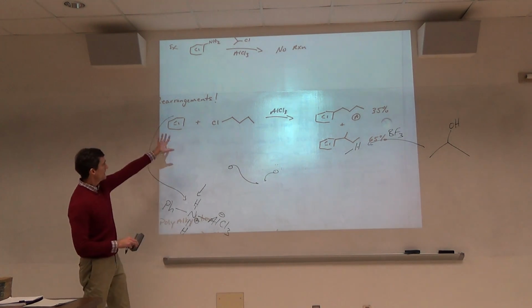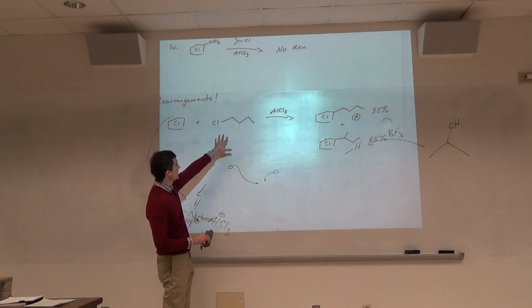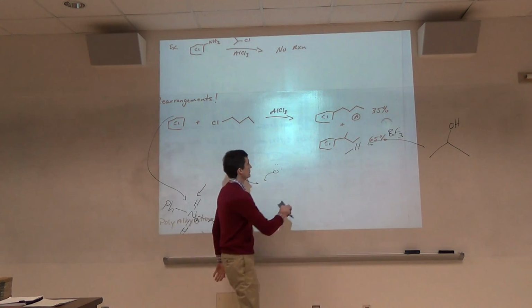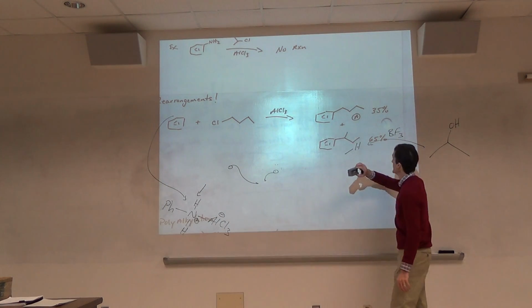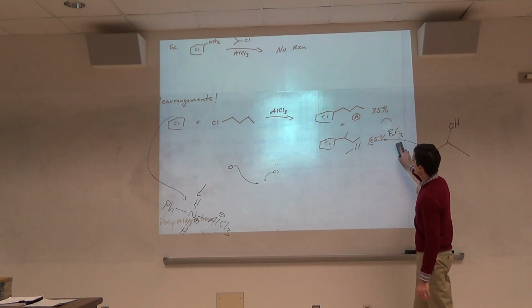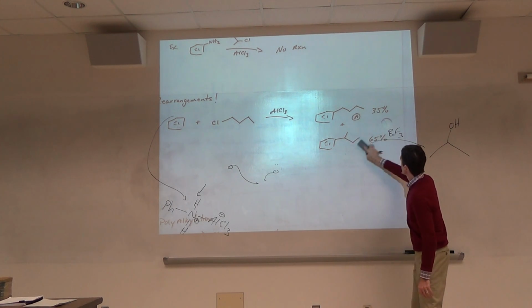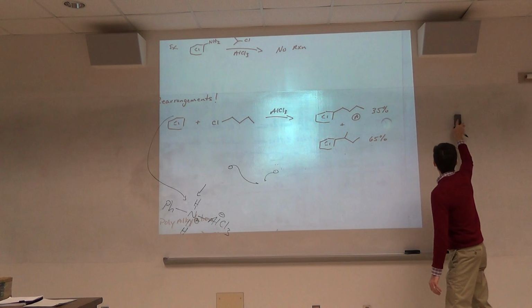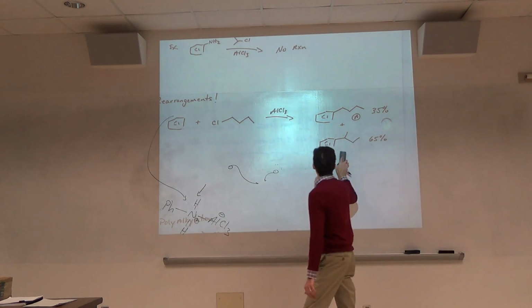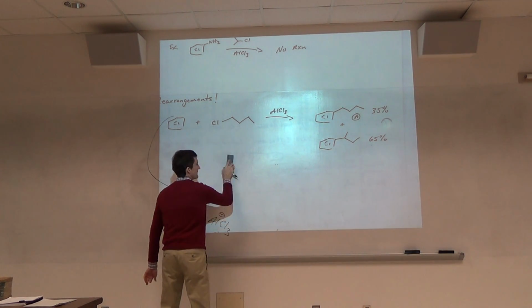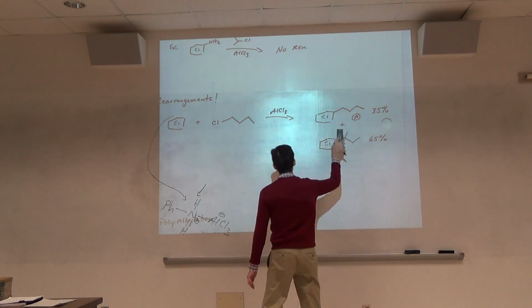You try to react benzene with butyl chloride, Lewis acid, to try to put this group on. If you do that reaction, you only get 35% of that. You also get, instead as the major product, 65% of this.